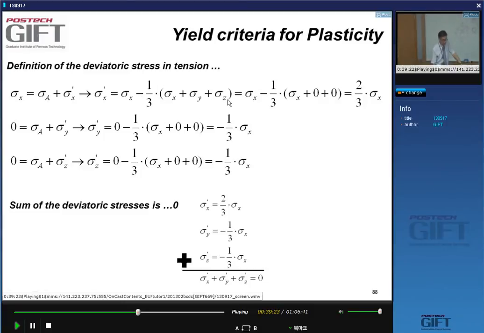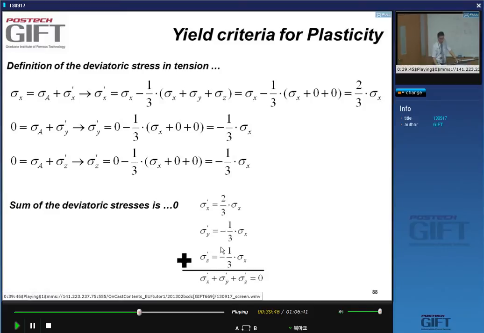So sigma x prime, the deviatoric stress, is 2/3 of sigma x. Sigma y prime is 1/3 of sigma x, and sigma z prime is 1/3 of sigma x, both with a minus sign. So the sum of the deviatoric stresses is 0. Yes, and that's rather general.